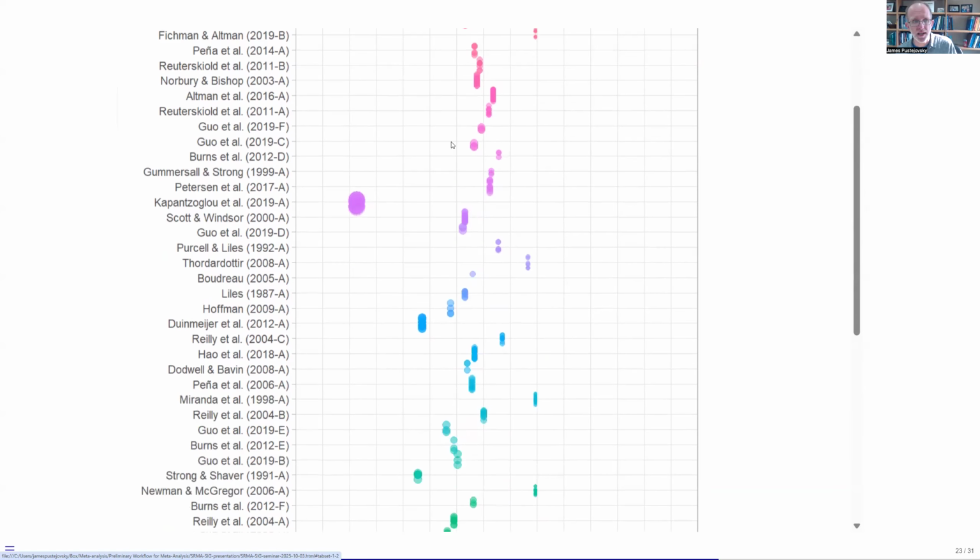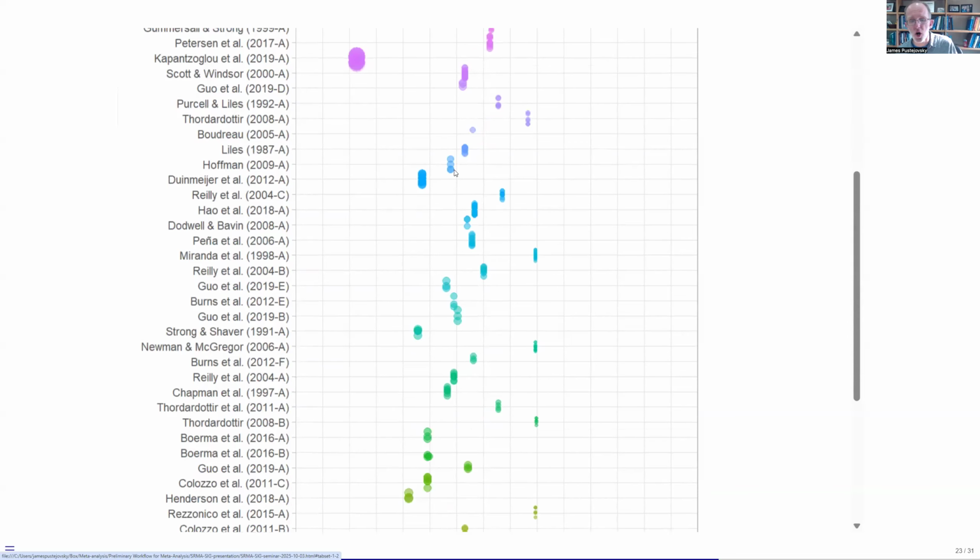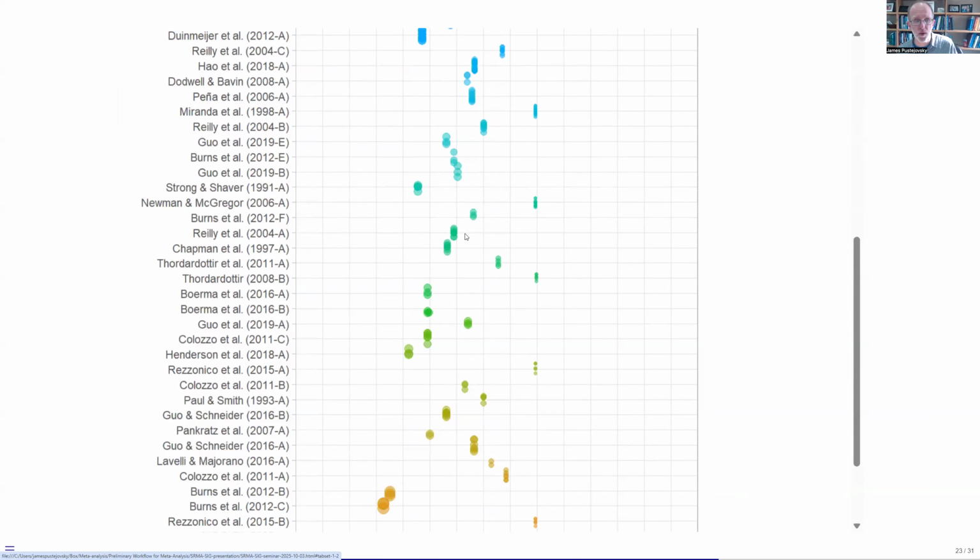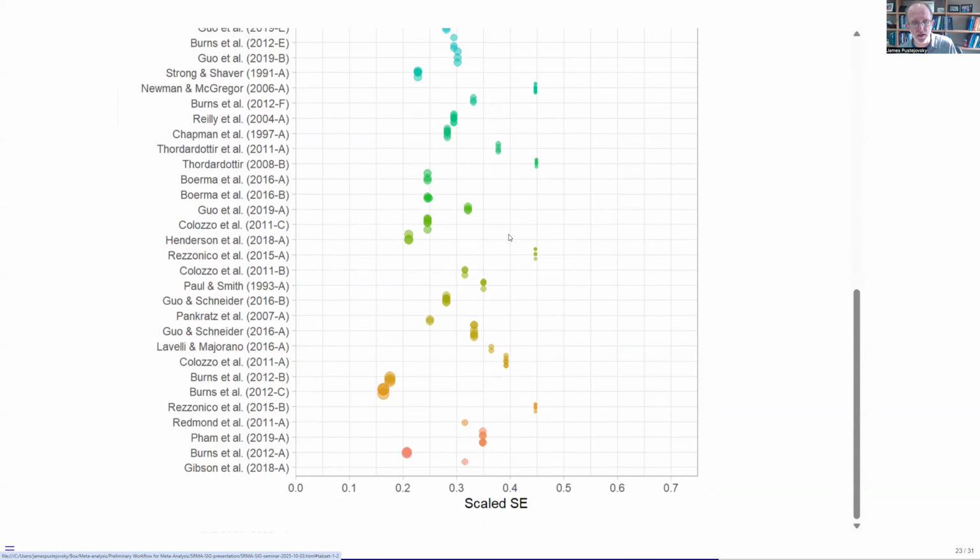And you can see that it removes all of the within-study variation, so you get standard errors that are nearly identical within a given sample. That's a good sign. It's a sign that there's nothing too anomalous about the standard errors that you computed. It doesn't guarantee that they're right, of course, but it gives you some assurance.